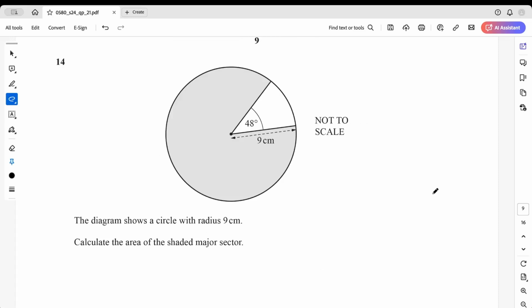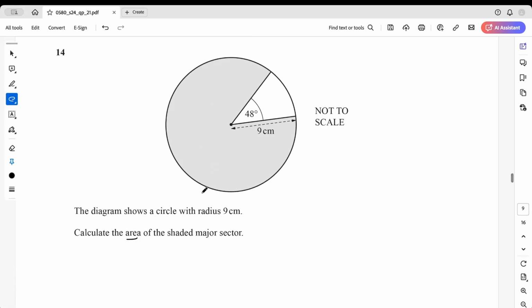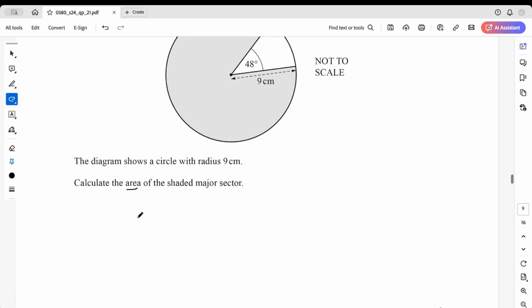Question number 14. This diagram shows a circle with radius 9. Calculate the area of the shaded major sector. So if we want the area of a sector, we have to use the formula: area of sector equals theta over 360 times pi r squared.